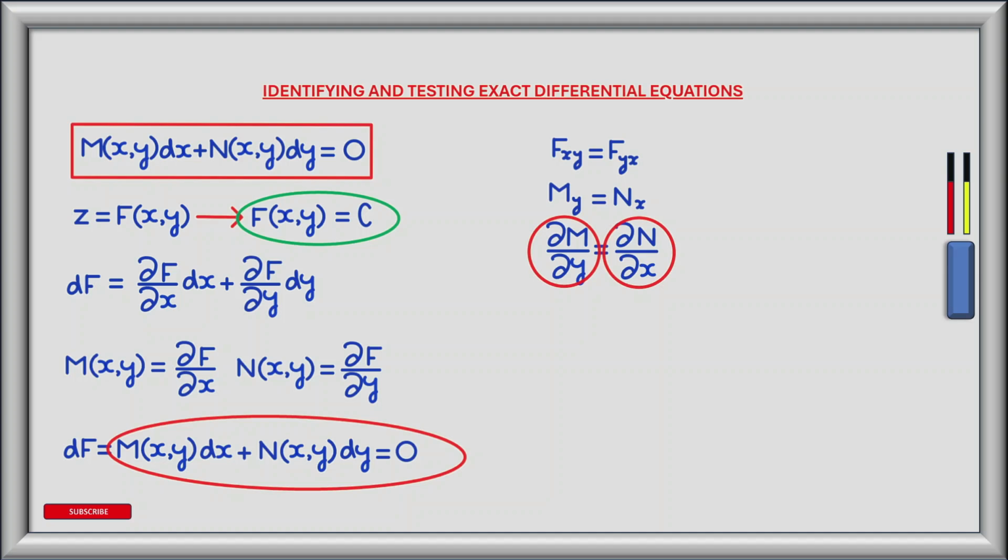So in this type of differential equation where m dx plus n dy is equal to 0, if the partial derivative of m with respect to y is equal to the partial derivative of n with respect to x, the differential equation is said to be exact. And we can use techniques for solving exact differential equations, which we'll come on to in the next video. So for now, let's look at some potential exact differential equations and test to see if they are exact.